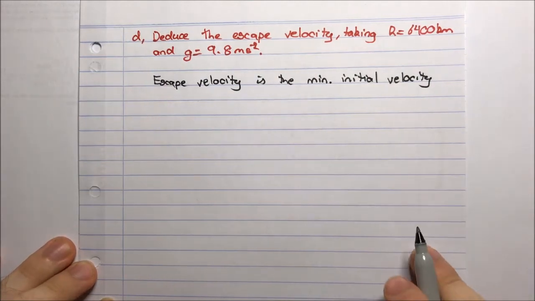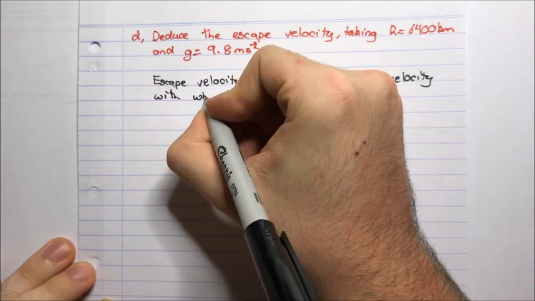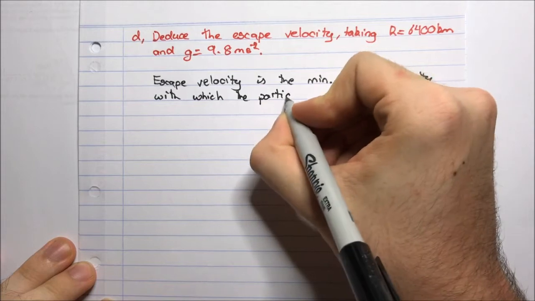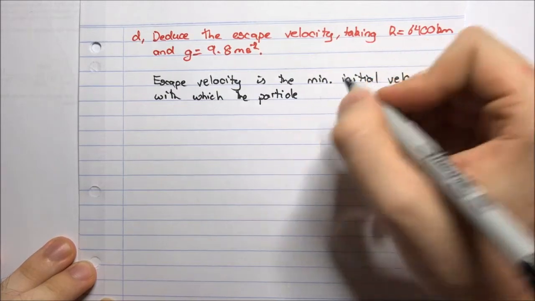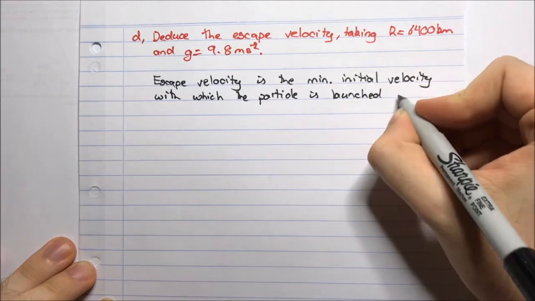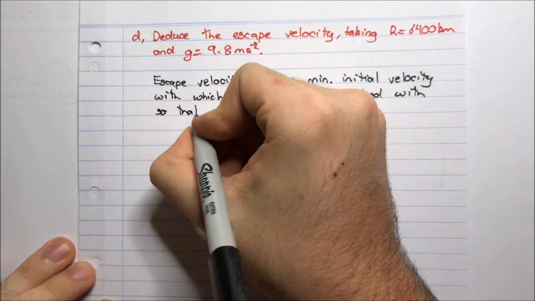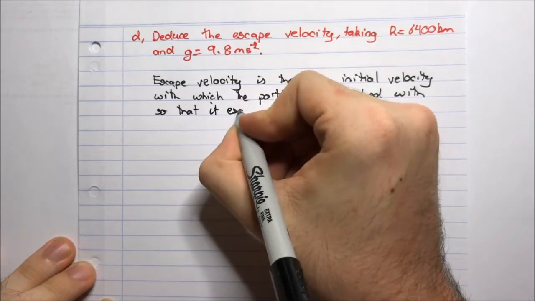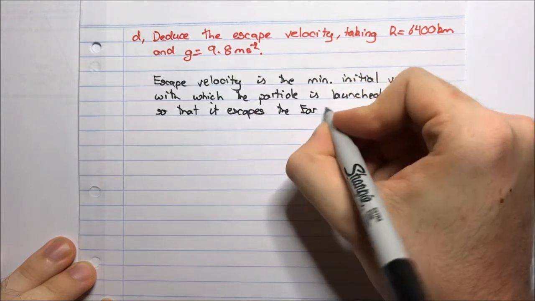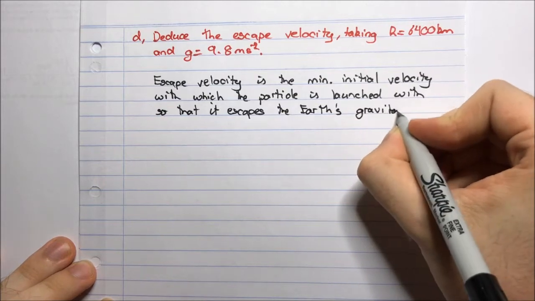So it's the minimum initial velocity with which the particle, in our case, is launched so that it escapes the Earth's gravitational field.